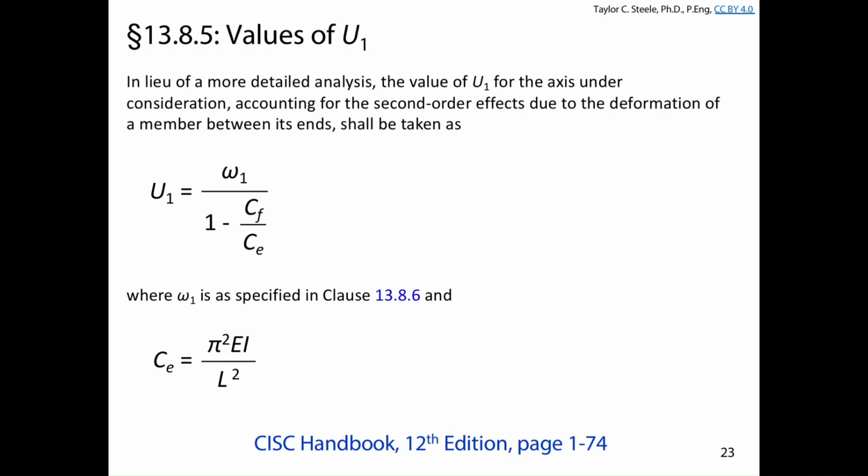So when we calculate U1, S16 tells us exactly how to do that. In clause 13.8.5, it says U1 is omega 1 divided by 1 minus CF over CE, where we calculate CE as the elastic buckling resistance. Important here is that we do this for the axis of consideration. If we want U1x, we're going to calculate omega 1x based on the moment gradient, or the moment diagram for strong axis bending, about strong axis.